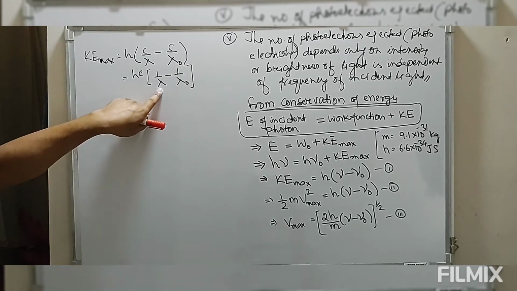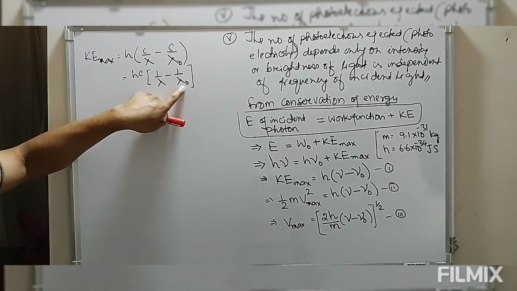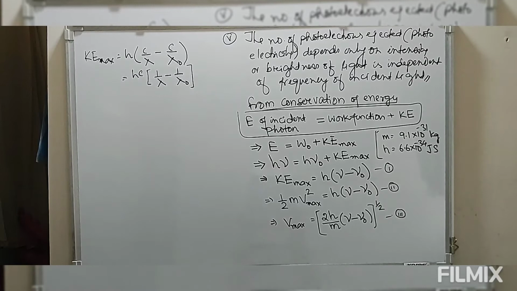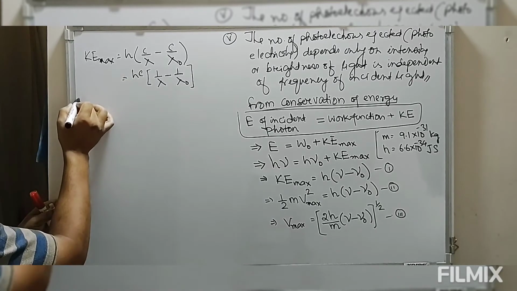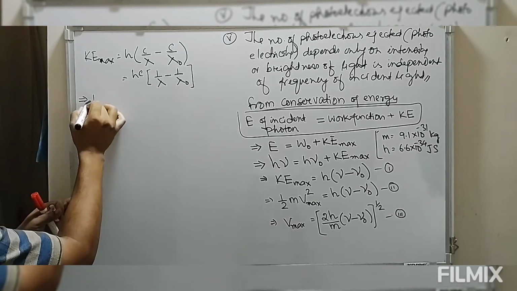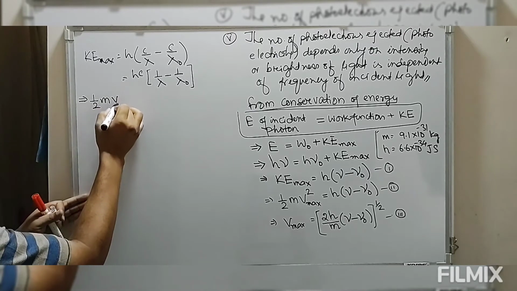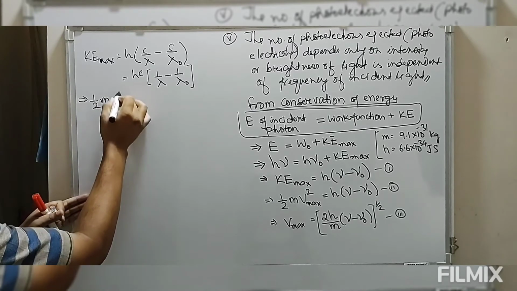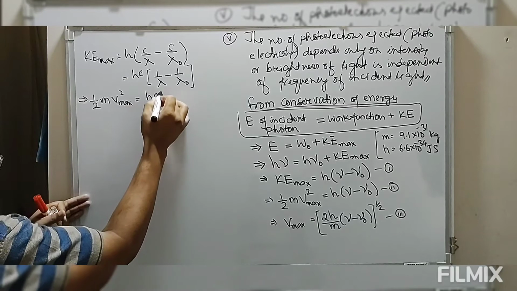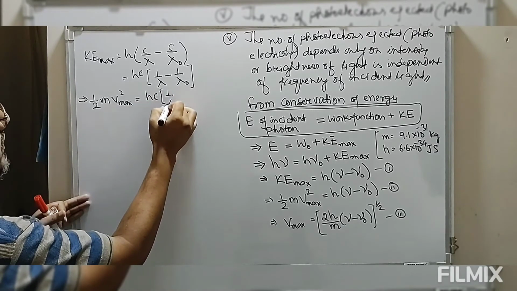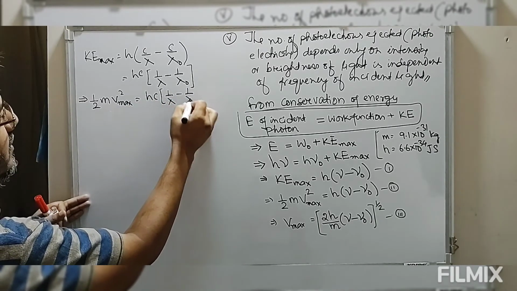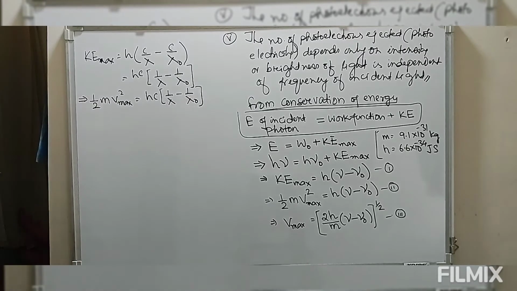Here lambda naught is the minimum wavelength which is required. So kinetic energy, that is half m v maximum squared, equals hc into 1 by lambda minus 1 by lambda naught.